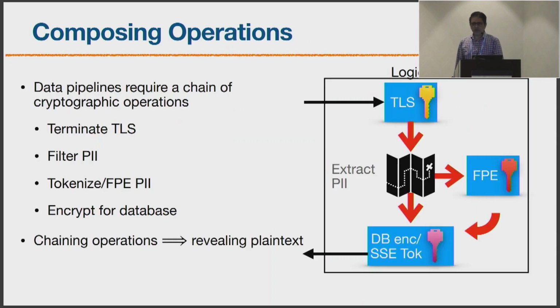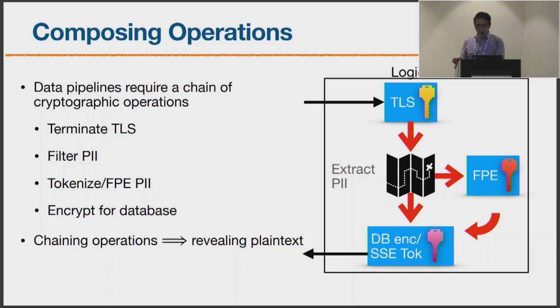The third set of problems that we have been encountering is that HSMs and KMSs are designed to protect keys. But what most people want is to protect their data. For signatures, protecting keys might be fine, but for actual data in the cloud, what you want to protect is your data. And protecting the data requires chaining or composing different operations at a block level, so that you can terminate your TLS inside the KMS.